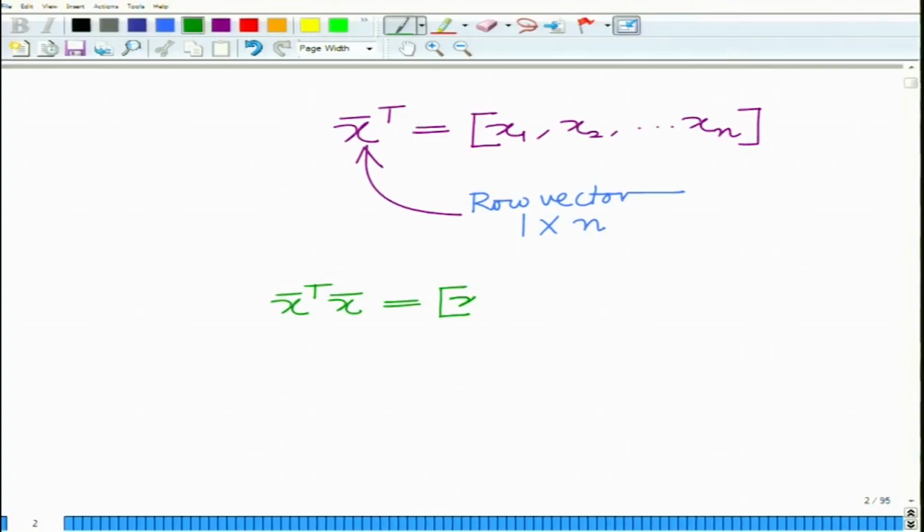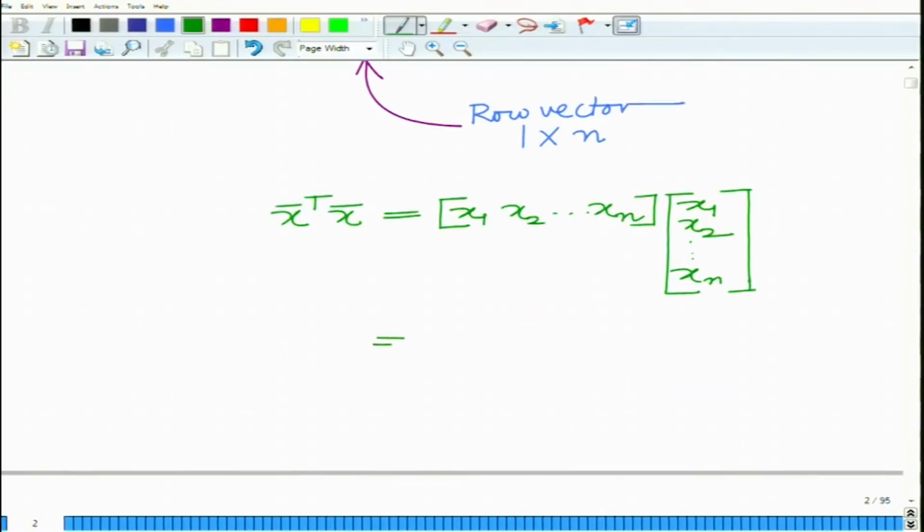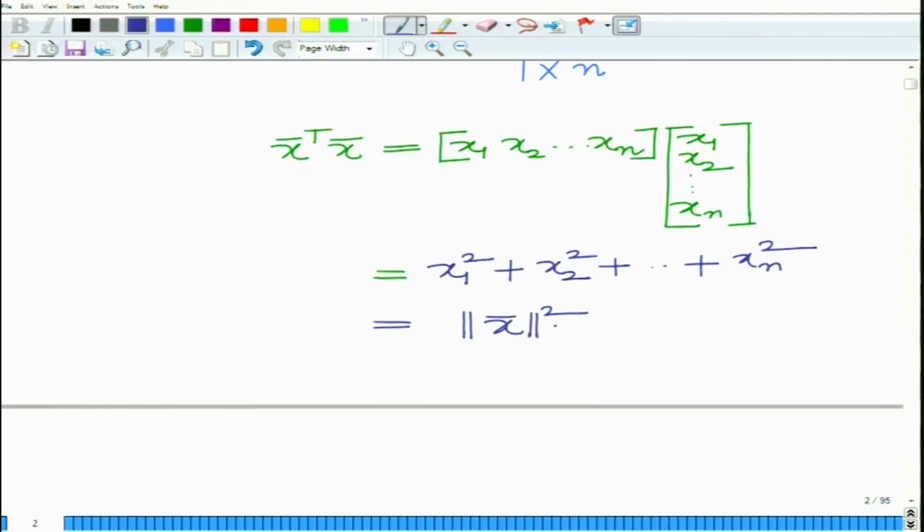x bar transpose x bar is basically your x1, x2, xn, the row vector times the column vector x1, x2, xn, and you can see this is basically equal to x1 square, since these are real quantities, plus x2 square plus xn square, which is also denoted by the norm square, and in fact we will see this is a specific case of a norm, this is the L2 norm.